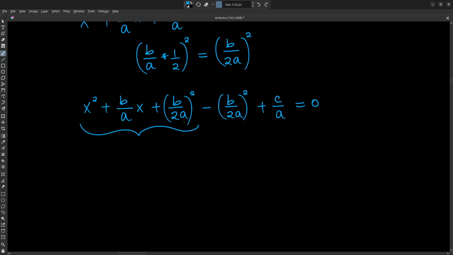So all these collapse to x plus b out of 2a, all of that squared. And let's in fact confirm that if we expand this expression, it should give us the first three terms.